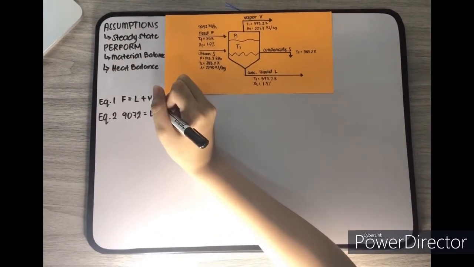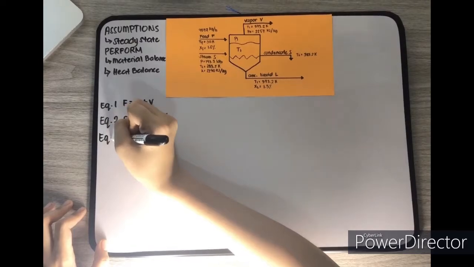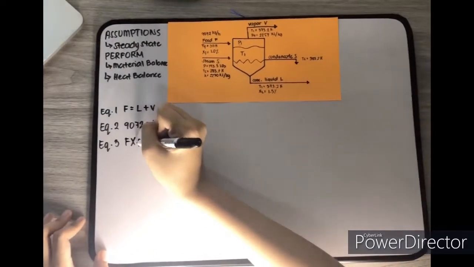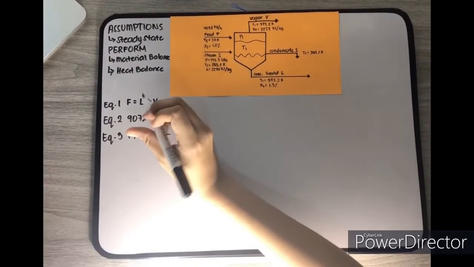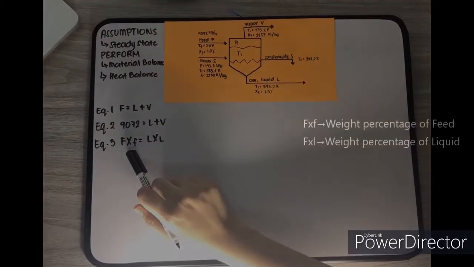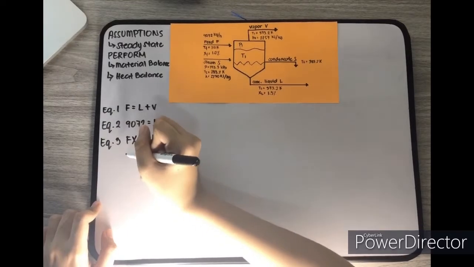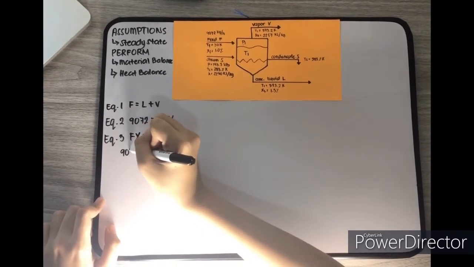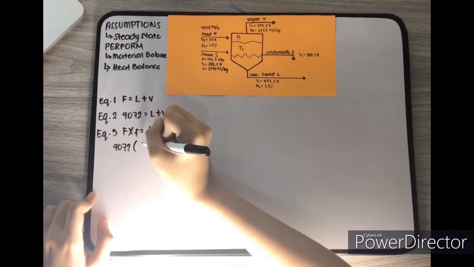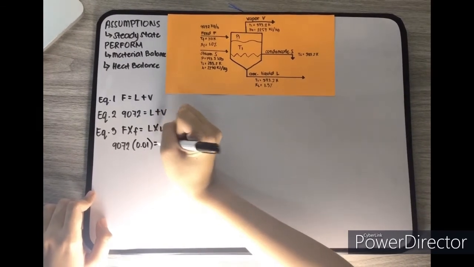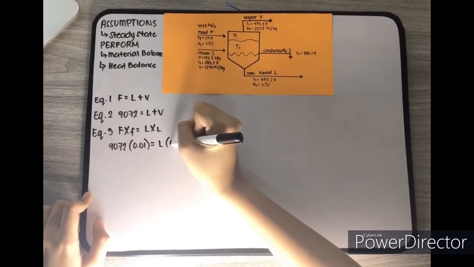For the component material balance, the equation is represented as F XF is equal to L XL, where XF and XL are the weight percentages of the feed and the concentrated liquid, which are 1% and 1.5% respectively. Using these values, equation 3 then becomes 9,072 times 0.01 is equal to L times 0.015.